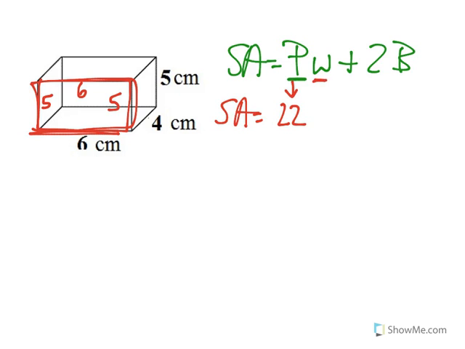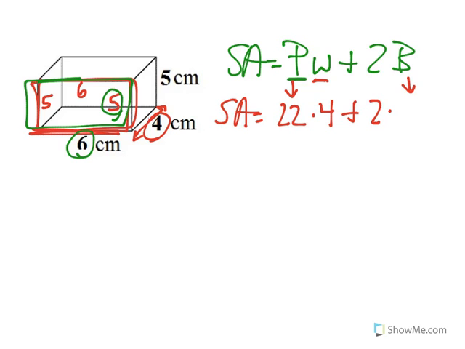Times the width. The width from front to back is the depth of my prism, is 4, plus 2 times the base, or B is base, so I need area of the base. What is the area of this? Area is length times width. 6 times 5 is 30.